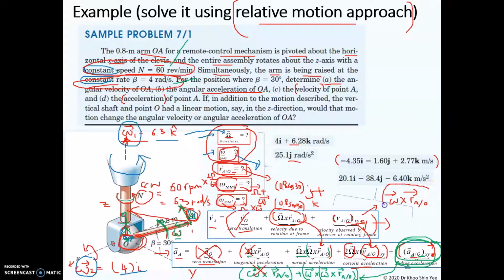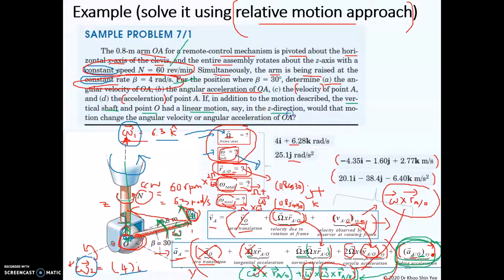So you have computed this component before, you can substitute inside here and take the cross product between the omega and this component, and you should be able to obtain this acceleration component. Compute the summation for this acceleration component, then you should be able to obtain the acceleration at point A, and this is the answer.